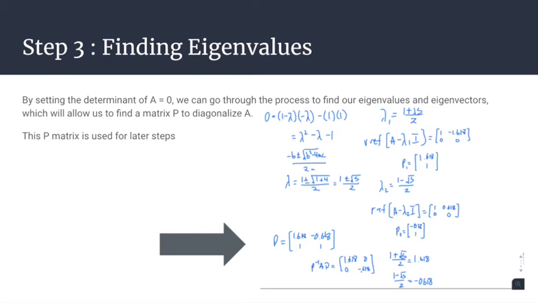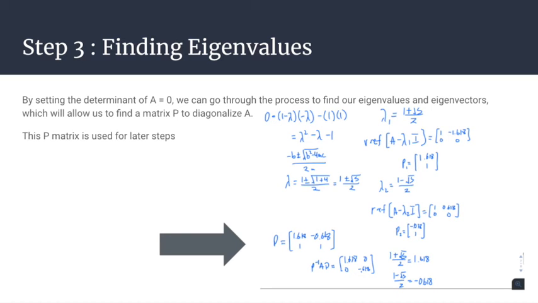So we want to find the eigenvalues and eigenvectors in order to find a matrix P that can diagonalize A, in order to find a different way in which we can write A. As you can see, we found the eigenvectors, eigenvalues, and then found the matrix P, as well as the matrix D, which is the diagonalized form.